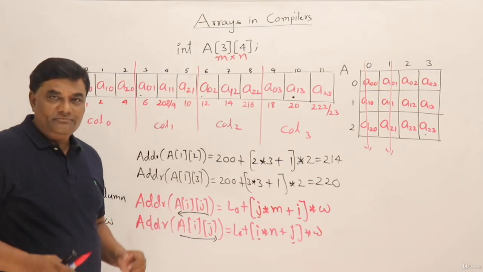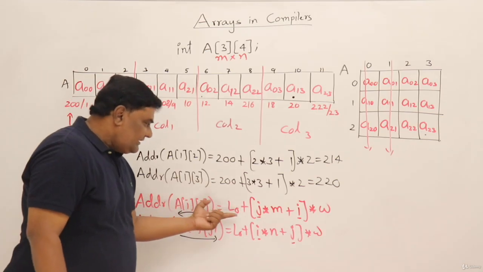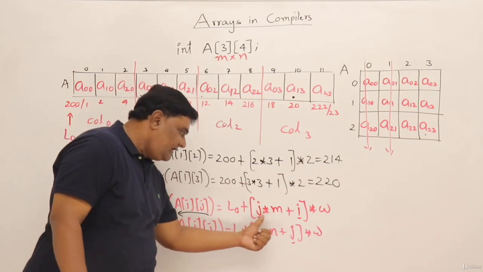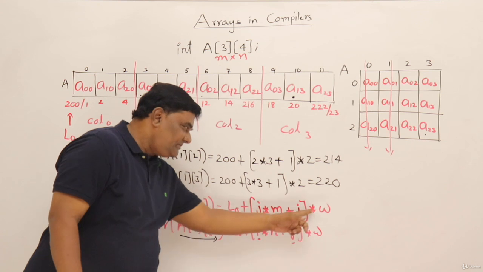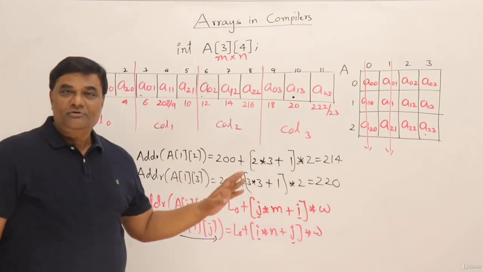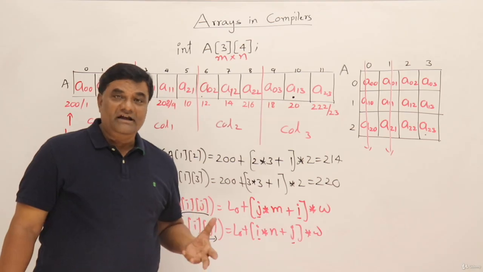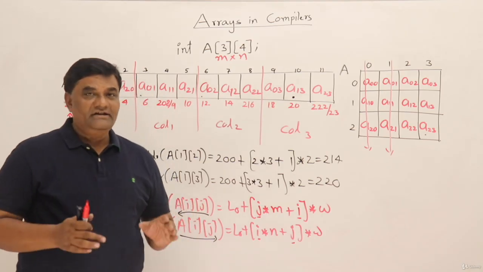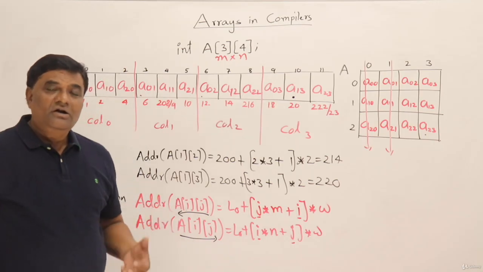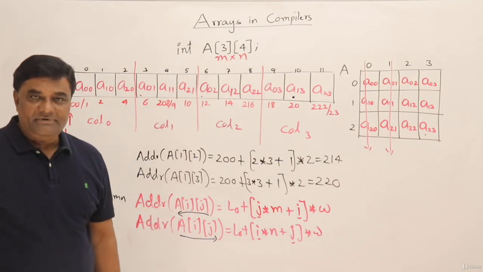Now let us observe one more thing here. See, these 2 formulas, how many operations are they having? Plus, plus, multiply, multiply, plus, plus, multiply, multiply. So both the formulas have the same number of operations. So in terms of time, both are equally efficient. So a compiler may follow row major mapping, or it may follow column major mapping.